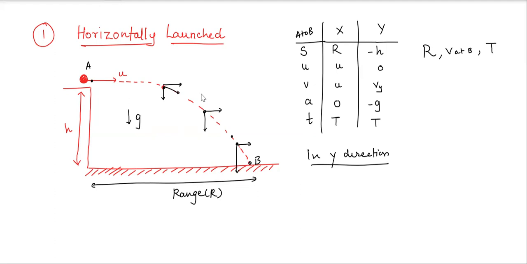So in the Y direction, if I use V squared equals U squared plus 2AS, the final velocity will be Vy squared, the initial velocity will be 0, and this will be 2 times minus G times minus H. So I will get my Vy to be the square root of 2GH.